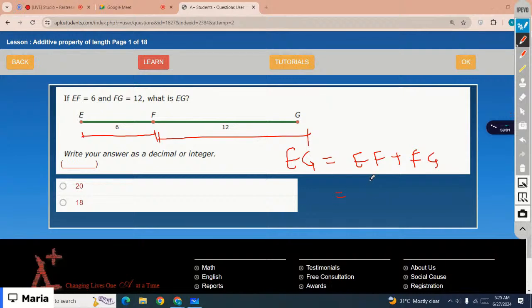So EF is 6 and FG is 12. So together they make 18. That means the length of EG is 18. The correct option is option number 2. 18 it is. Got it?